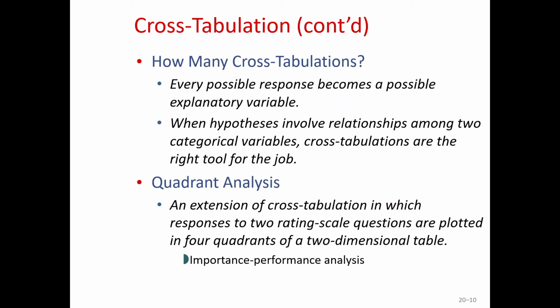How many cross-tabulations? Surveys may ask dozens of questions and hundreds of categorical variables can be stored in a data warehouse. Using computer programs, business researchers could find a relationship by cross-tabulating every categorical variable with every other categorical variable. So it's possible that every possible response becomes a possible explanatory variable.